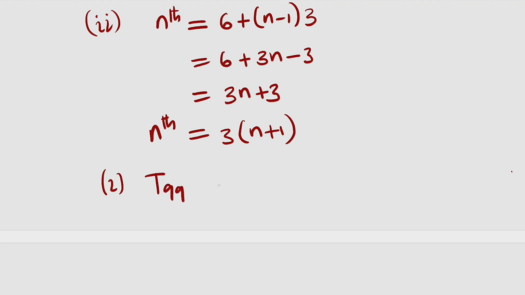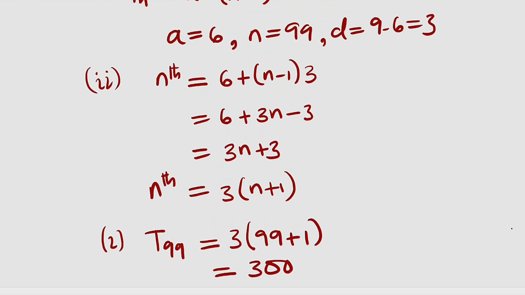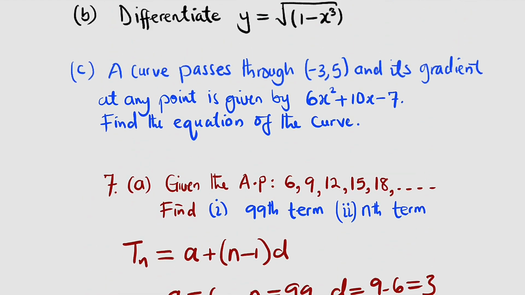This is just equal to 3 multiplied by 99 plus 1. This is equal to 300, because 99 plus 1 is 100 times 3 is 300. Therefore, the term number 99 is equal to 300. And this is all about the A part.